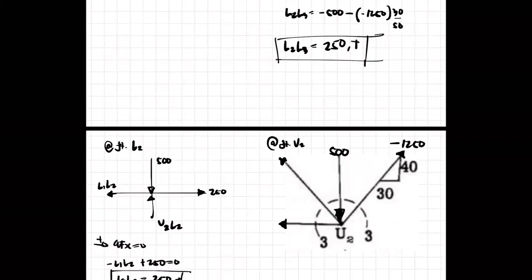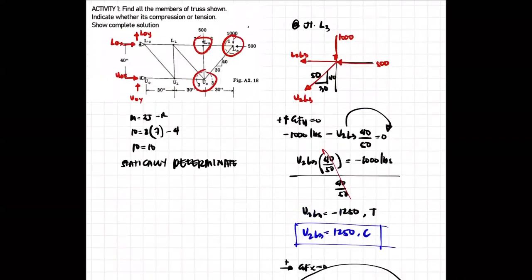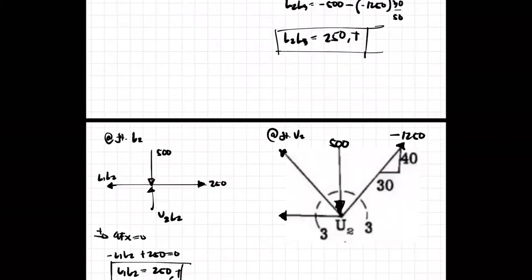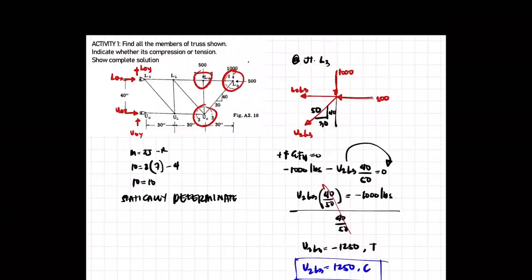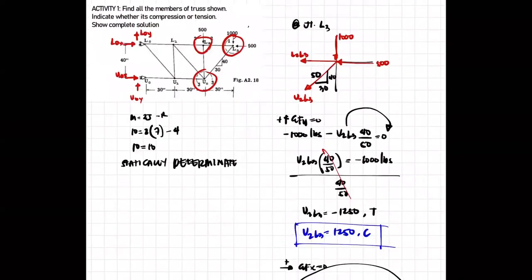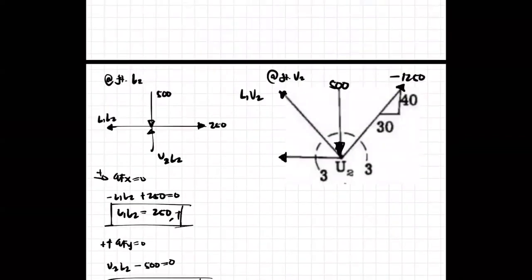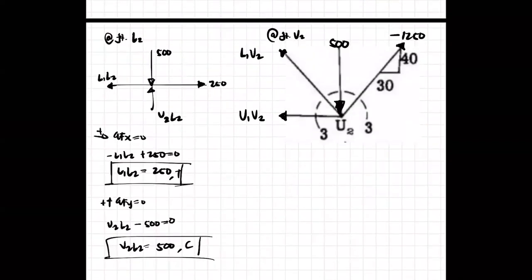Next is unknown na L2 U2. Okay? This one is L1 U2. Okay? L1 U2 and then U1 U2. This one is U1 U2. Summation forces Y is equal to 0 going upward is positive.